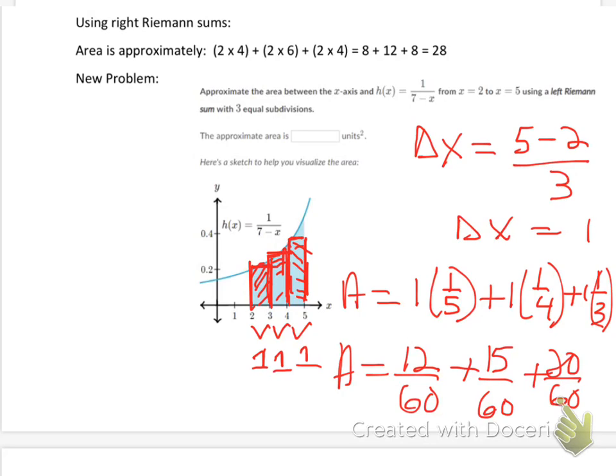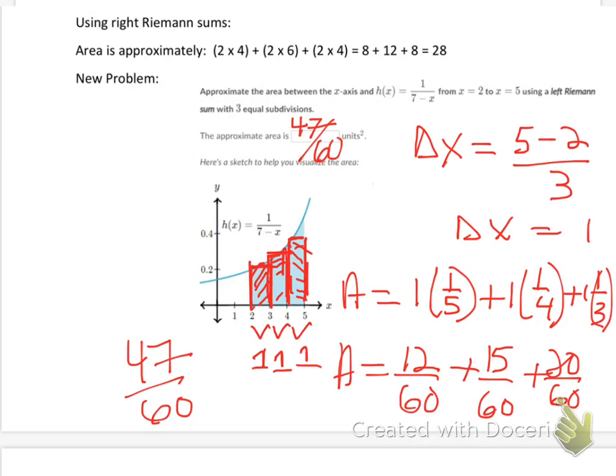So 20, 35, 47. So that area is 47 over 60 units squared is the area under that curve, using left Riemann sums.